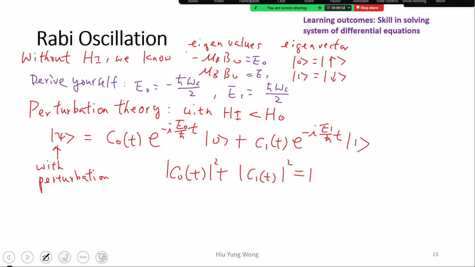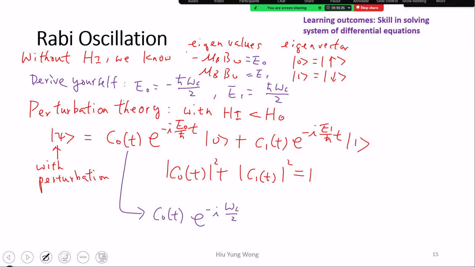Is this okay? And particularly in this case, I can also say that this is C0 of t e to the power, because you see E0 is just equal to negative h bar omega L divided by 2, right? So this is negative i h bar, and then h bar will get cancelled.